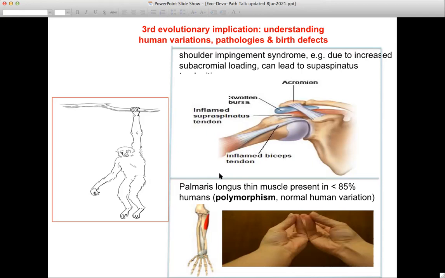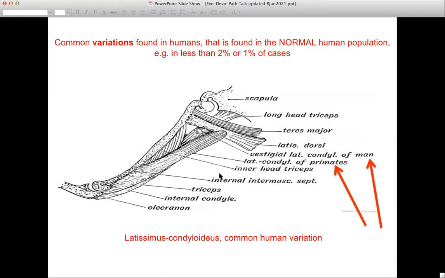It's called a polymorphism, not a variation, because it's present in more than 2% of the people, but is also not present in the majority of people. So that would be the normal phenotype, then polymorphism from 49 to 2%, and then variation. Some variations are amazingly similar to things that we have lost in evolution in adults. For some reason, some people have them until they are adults, and I will talk more about that.